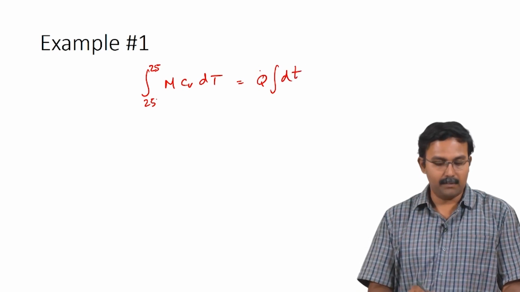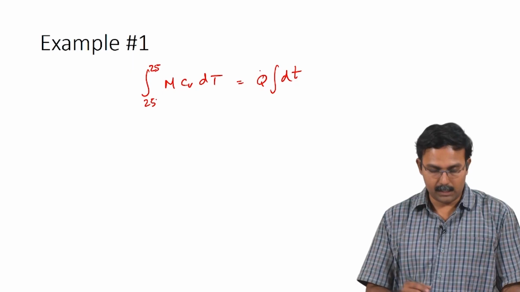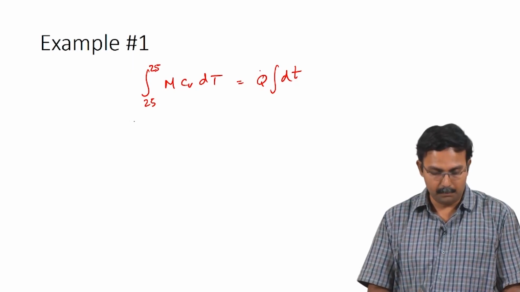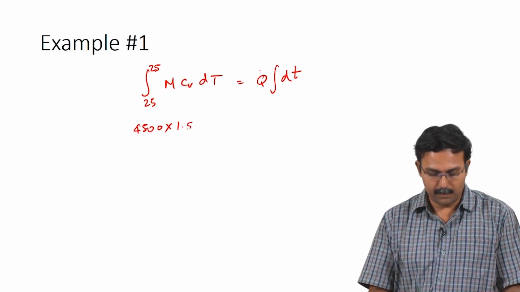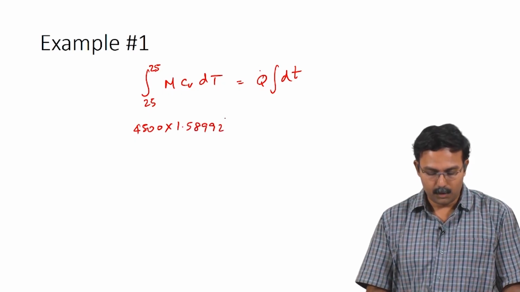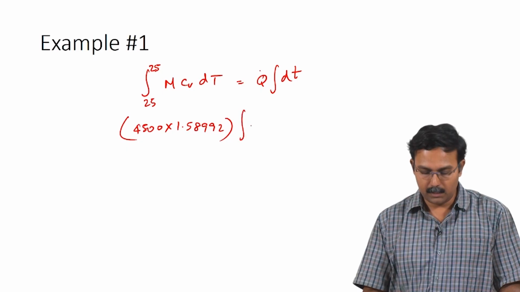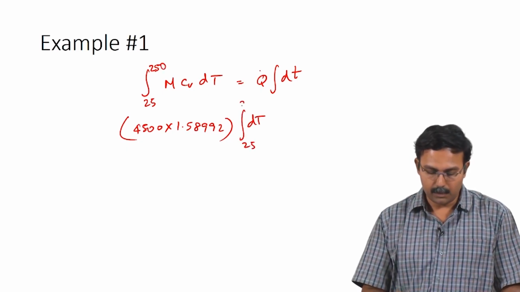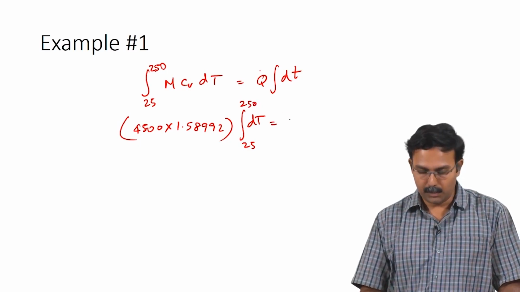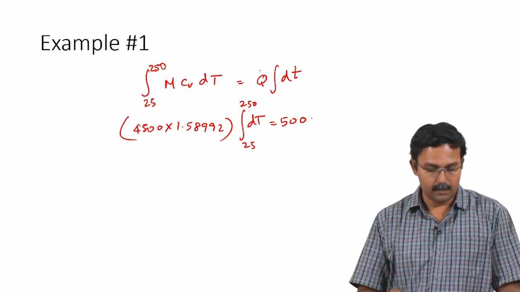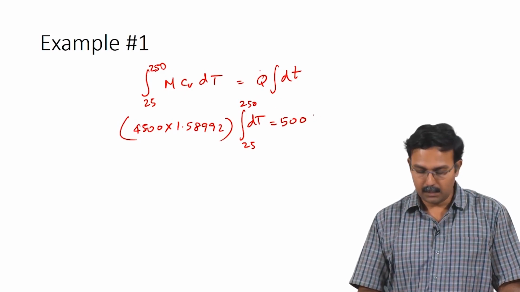So now we have the values for m and Cv, which are constants not dependent on temperature or time. So that would mean 4500 times 1.58992 times the integral dT from 25 to, actually it is 250, sorry, 250, would be equal to q dot, which is 500, times t.